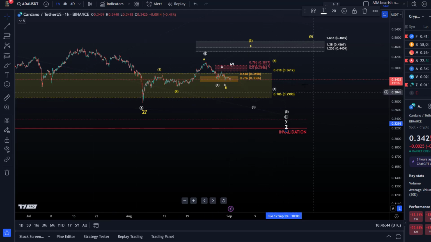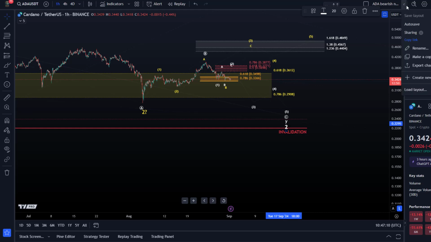What we normally use is the 78.6 retracement as key pivot. Once it's broken, especially on a sustained basis, and that's the 29 cent level, the overall bullish scenario reduces significantly in likelihood. We haven't broken that sustainably, only briefly. The correction is still unfolding, but it will also really make the larger bullish scenario questionable.